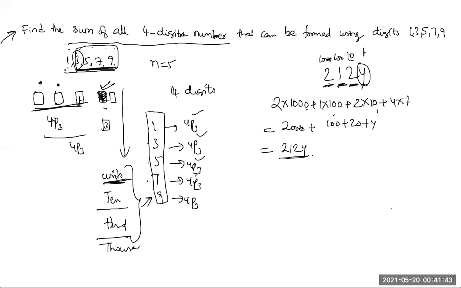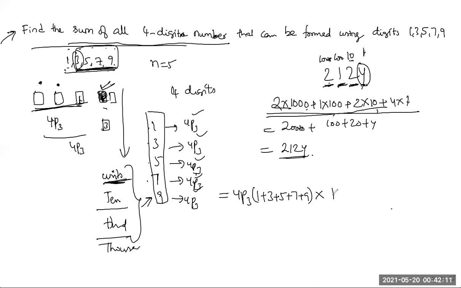So when we are adding all these 120 elements together, and if we try to represent them something like this, then what will be the answer in this particular case, in this question? It will be nothing but 4P3 into 1 plus 3 plus 5 plus 7 plus 9 into 1 for ones place.